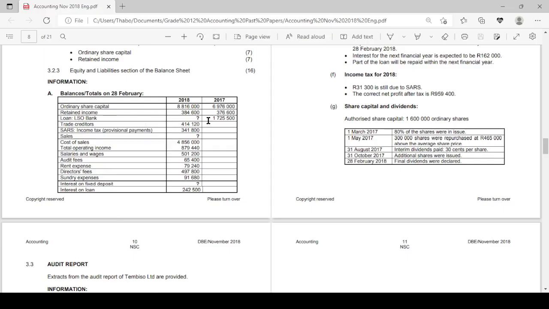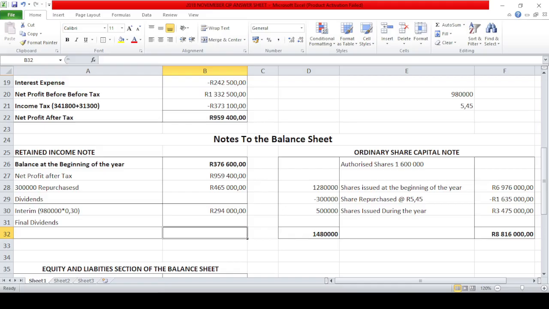On our balances, we have both the balance at the beginning of the year and the balance at the end of the year, which is 384,600 rands.